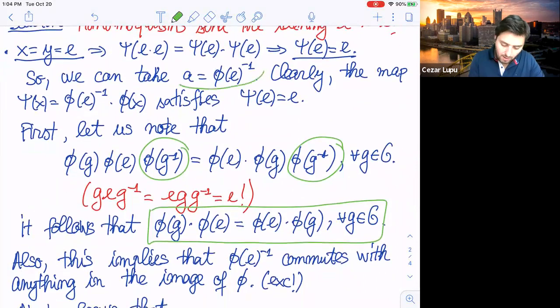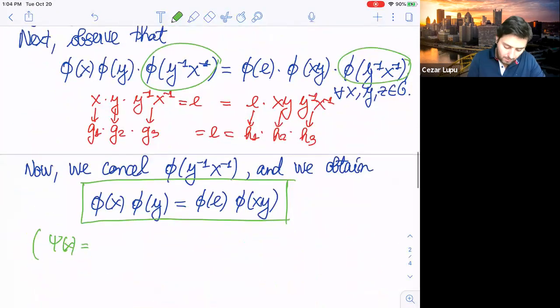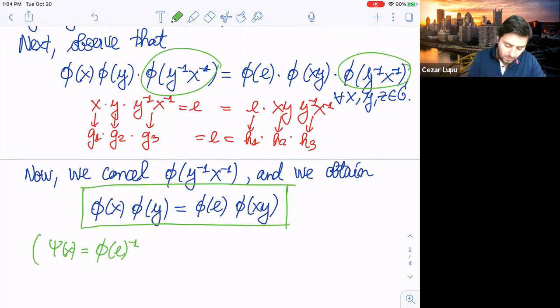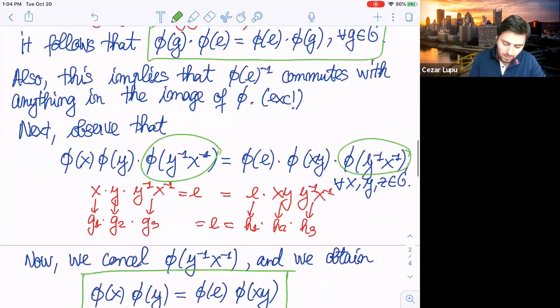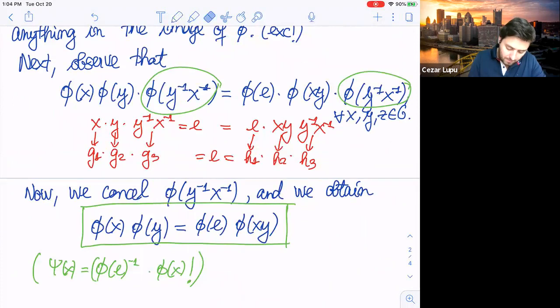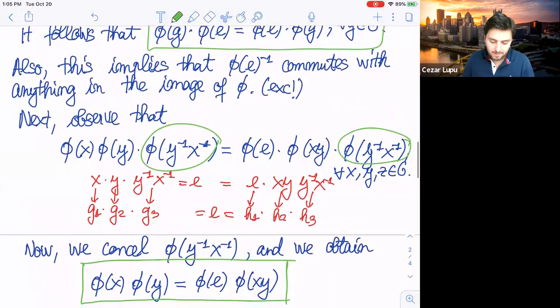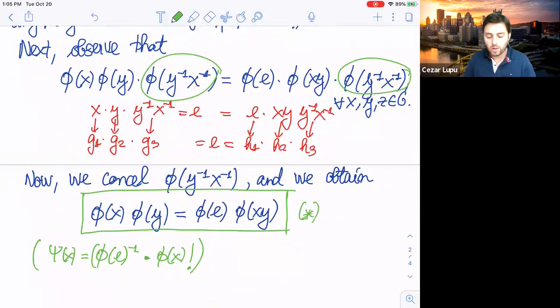We said that a is this guy here, phi of e inverse, and let's say squared, maybe something like this, times phi of x. Keep in mind that this is what we have to obtain, a relation about this guy. So maybe I should do something to this equality. Let's call this a star. So what should I do?